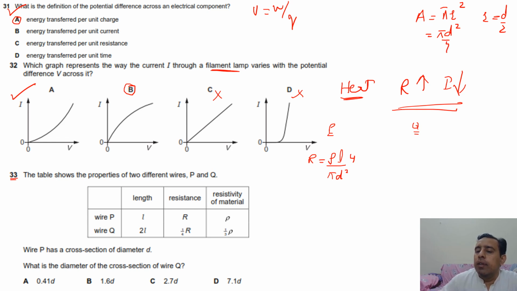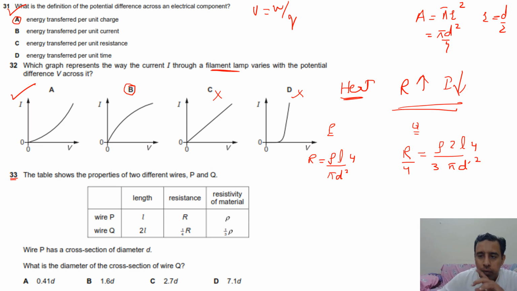And for Q, this R is now R by 4, the resistivity rho is 3 times, and the length is 2L, this is pi, and this is D dash square.